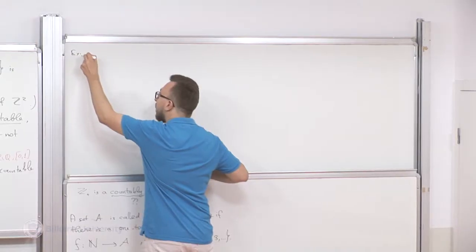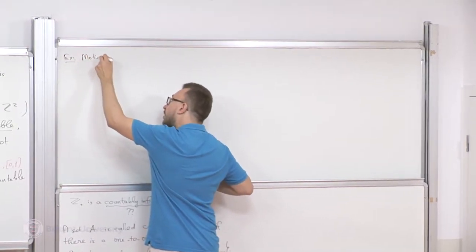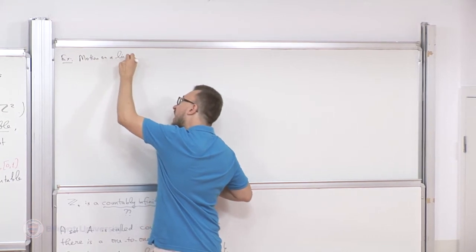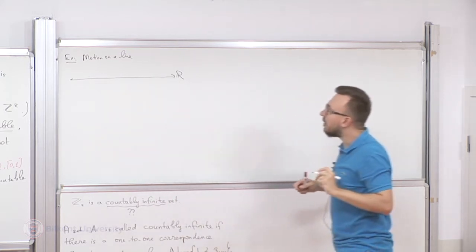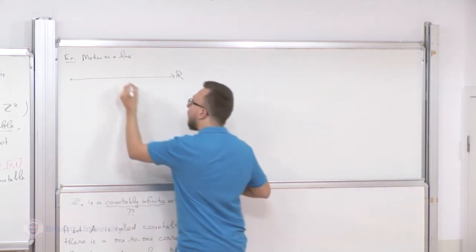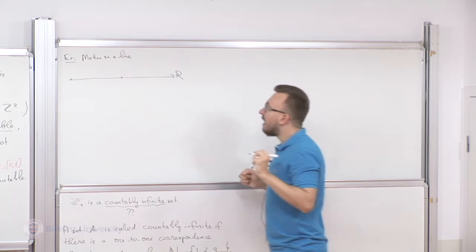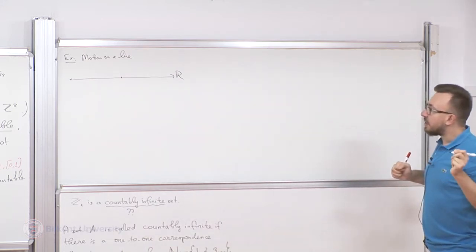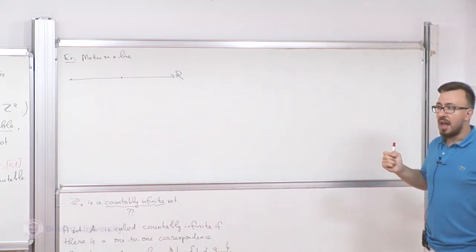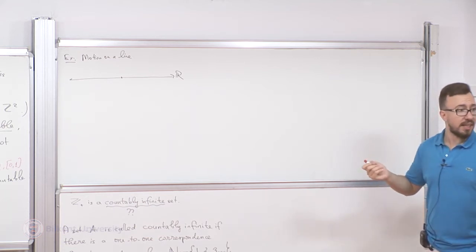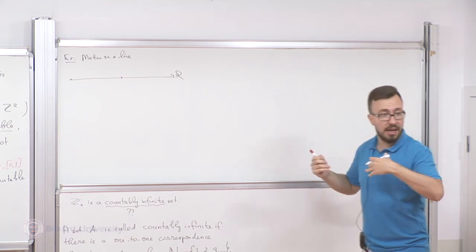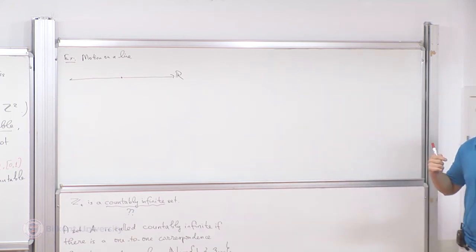So another example, motion on a line. So you have a line, and you have somebody, maybe a bee, an insect, moving randomly on this line.